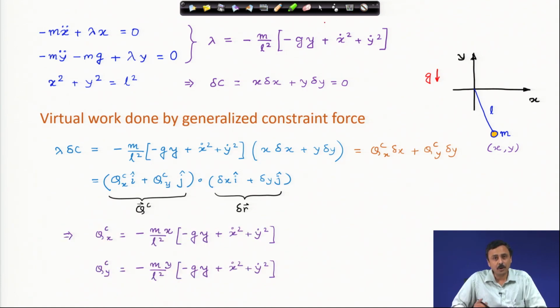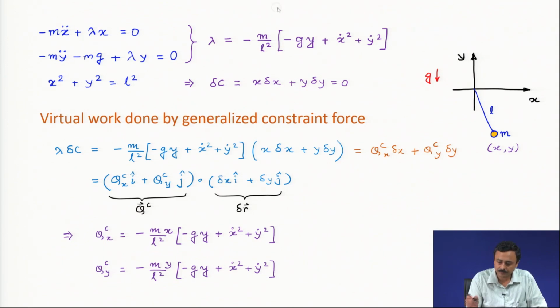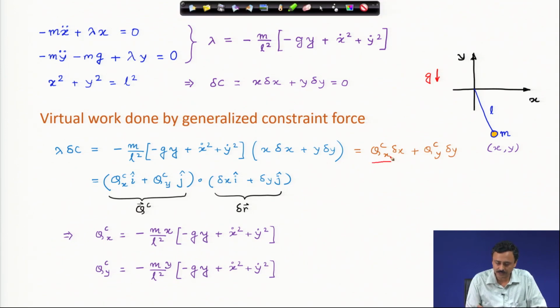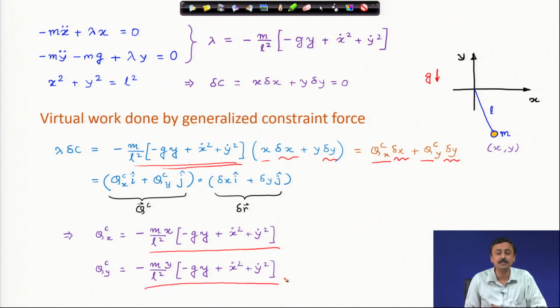Now I can read out Q x c must be the coefficient of delta x. Therefore, it is this multiplied by x, that is what I have written here, and similarly Q c y must be the coefficient of delta y, and the coefficient of delta y is the same quantity times y, and that is written here.